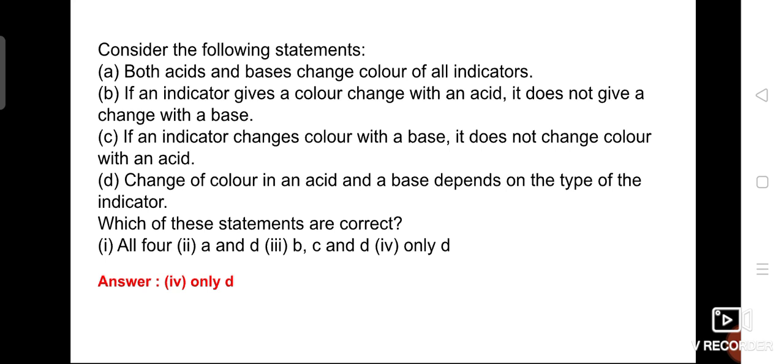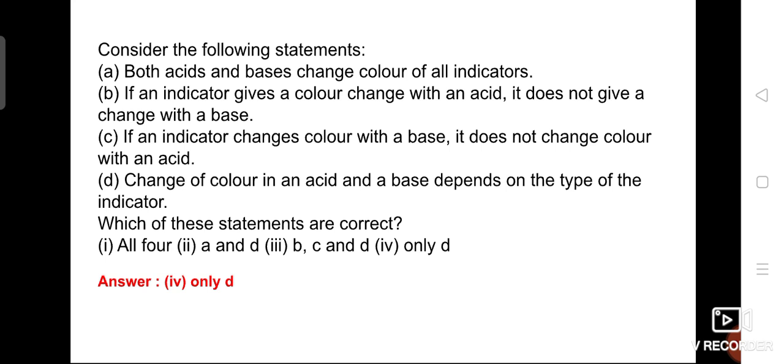Next one: change of color in acid and base depends on the type of the indicator. This is true. Based on that indicator only, the color change will be noticed. For example, if you take litmus paper and dip it in acidic solution, it turns blue to red.